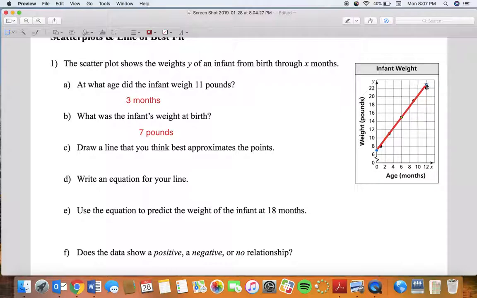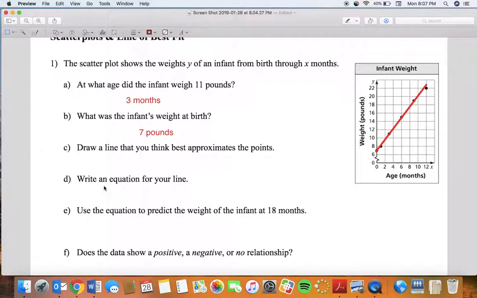This graph is actually pretty nice. This is my line. Right now I have like 1.5 below and none above, so I might move it down just a little bit. Well, now I have more above. Maybe my line's just too fat. I think this is the best I'm going to get. So, part C is done.